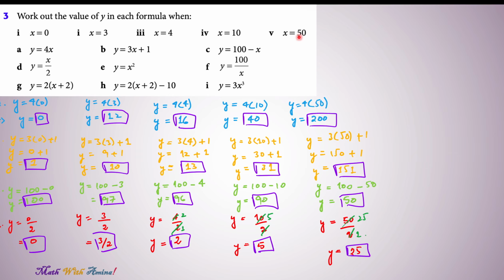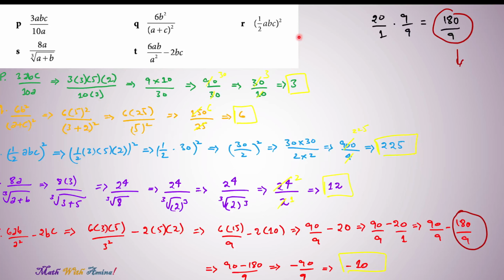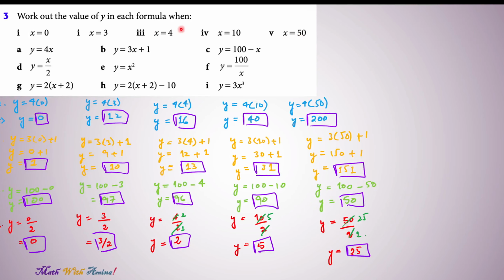However, there is a little change in this question compared to the other questions. In the previous questions we had expressions, and here we have equations rather than expressions. So we should know the difference between an expression and an equation. An expression is simply a mathematical phrase.